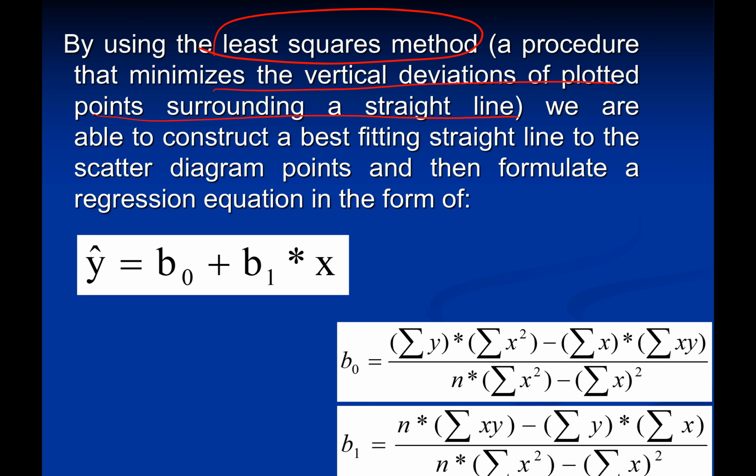B0 is summation y times summation x squared minus summation x times summation xy, divided by n times summation x squared minus summation x, parentheses squared. B1 is n times summation xy minus summation y times summation x, over n times summation x squared minus summation x, parentheses squared. So again, once you do the prep work, you can also easily find B0, B1.